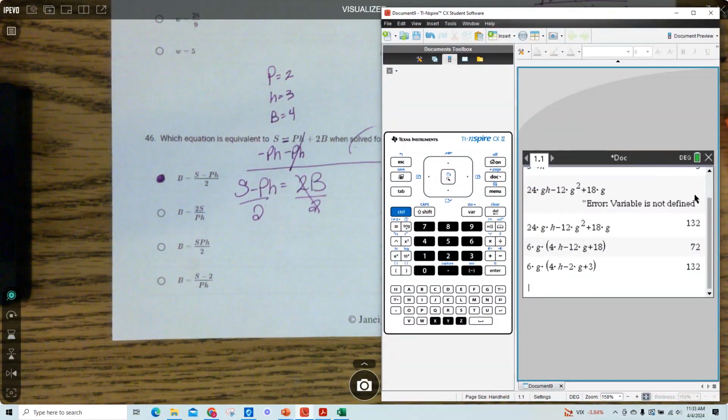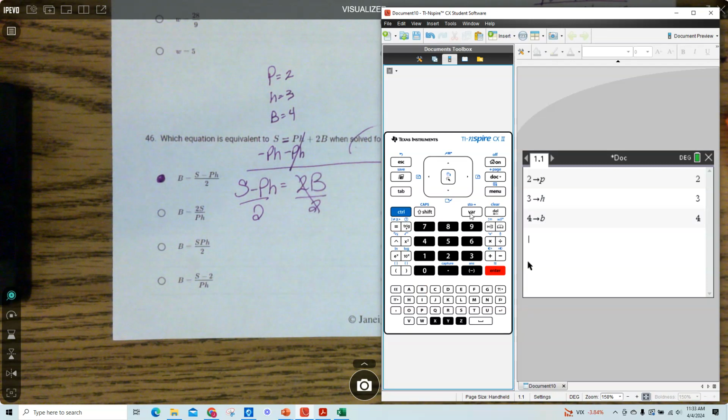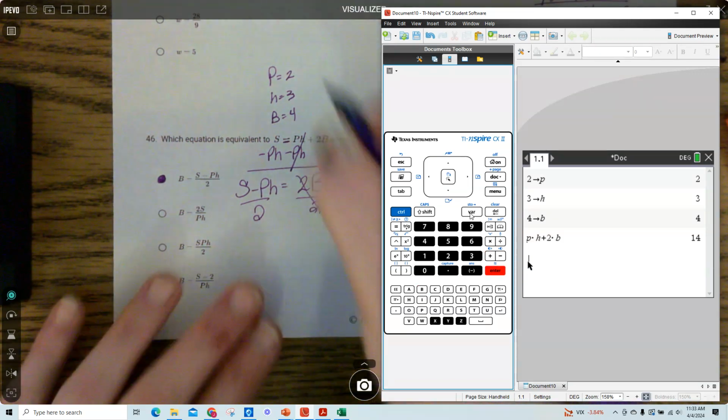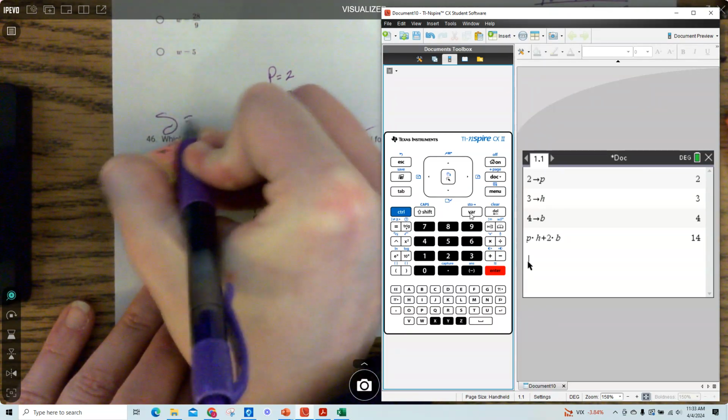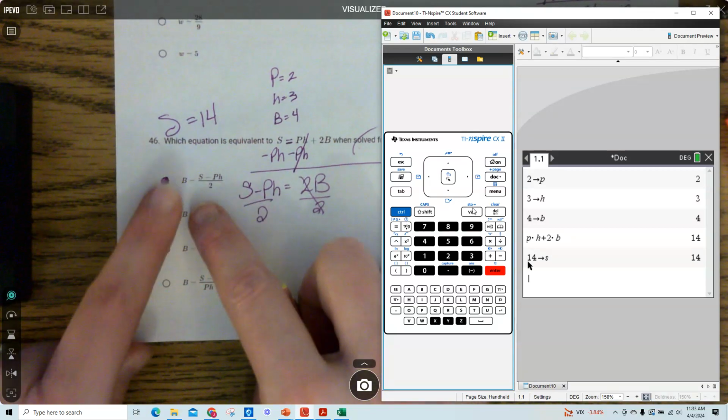All right, so start fresh with control var. All right, so 2 control var P, 3 control var H, 4 control var B. I'm just going to type the pH plus 2B in, but implied multiplication, P times H plus 2B. That right there, that 14, that's telling me what S equals. So now I got to tell my calculator that. 14 control var S. Then I can type my answer choices in.